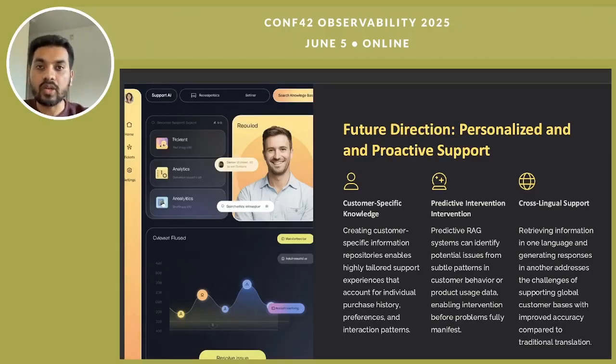Along with that, it can also detect anomalies in usage logs, and these logs can be readily made available to these chatbots so that they can predict some sort of outage and then proactively surface help. This is one of the use cases we are currently working on, and our goal is to achieve a state where we detect an outage even before it happens.